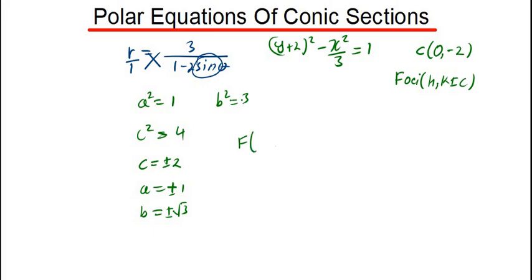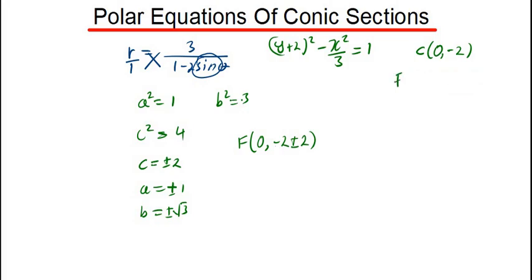So in this case, our h is 0 comma k, which is -2, plus or minus c, which is 2. But keep in mind, when we introduced this, we said one of the foci of polar equations is at 0 comma 0, so we should expect one of the foci to be at 0 comma 0. So here we have it.